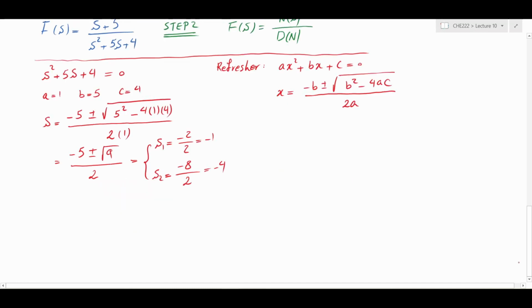So it means that we can write this second degree polynomial in terms of its elementary building blocks, which are s minus its first root, which is negative 1 or s plus 1, times s minus negative 4 or s plus 4.